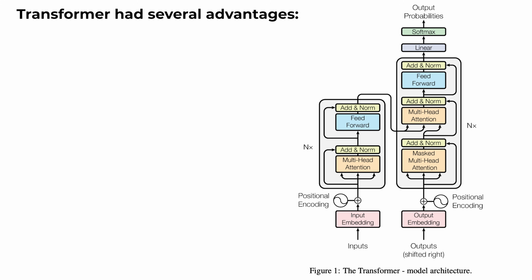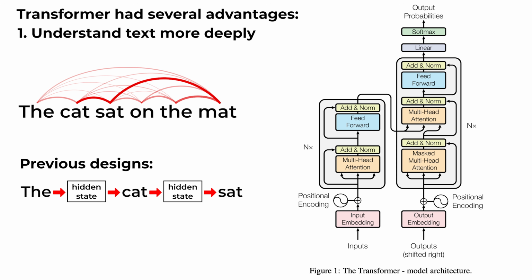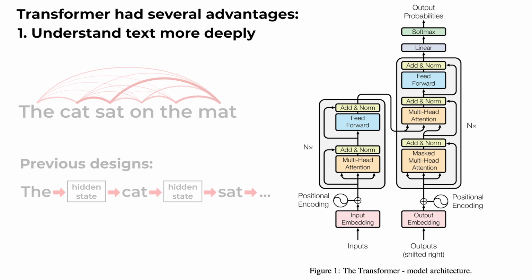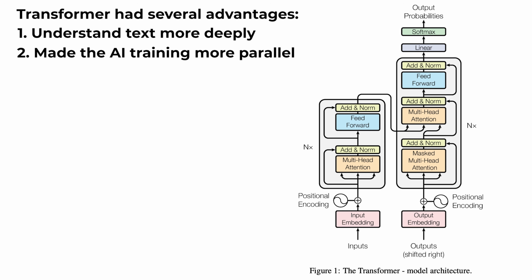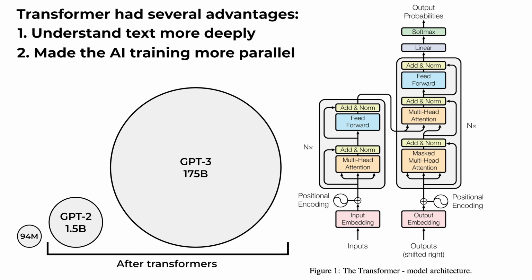Now, the transformer had several advantages over previous AI designs. Number one, the transformer let the AI understand text more deeply by letting it look at the relationship of every word to every other word all at once. Whereas in previous designs, the AI would process the text step by step. The second advantage of the transformer is it made the AI training process more parallel, and this let us create bigger AI models.